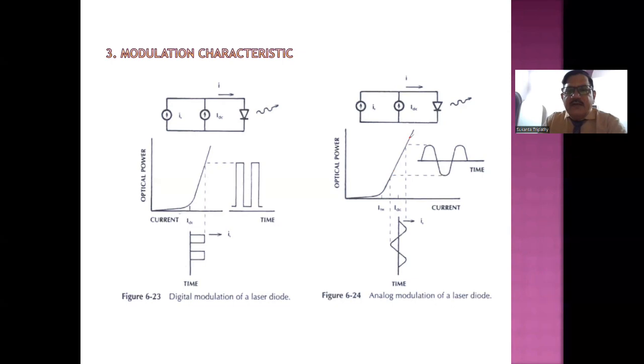So for analog modulation in the case of a laser diode, you again have to use a DC current source, but its magnitude will be more than the value of IDC required for digital modulation.